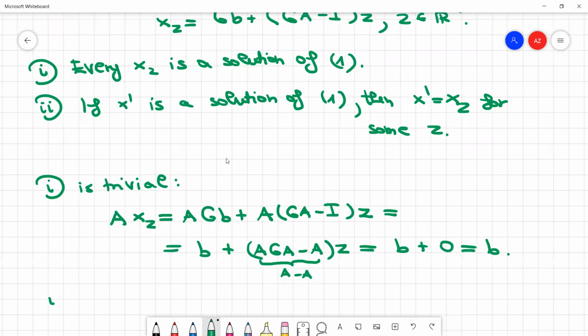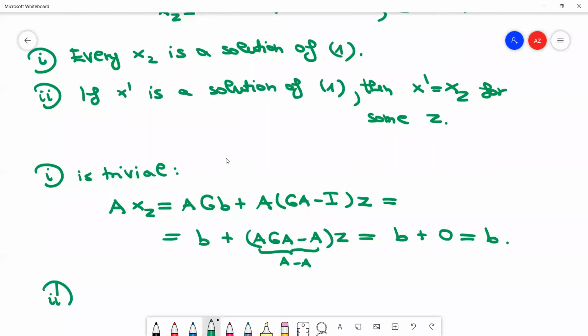And now let's check II. So let's say that X prime is a solution of 1.